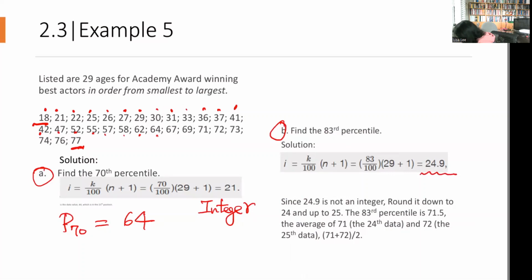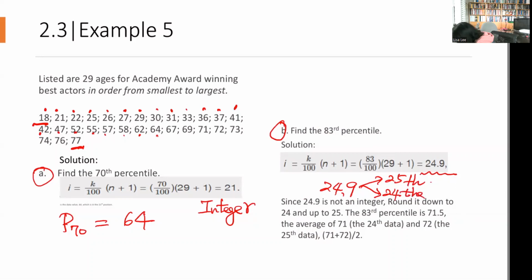Since it is not an integer, we need to round down to 24 and go up to 25. Because the data position is a whole number, an integer, we use the 24th and 25th, then find where the data is.